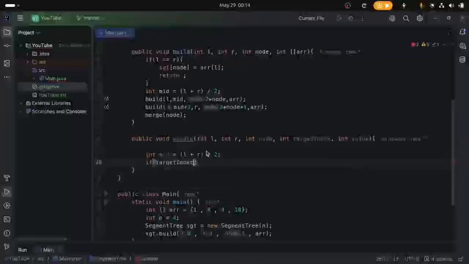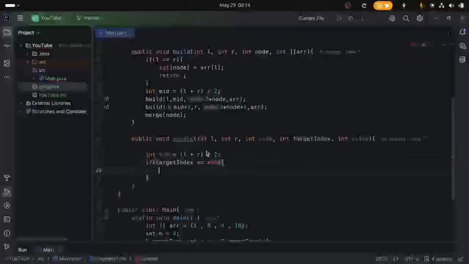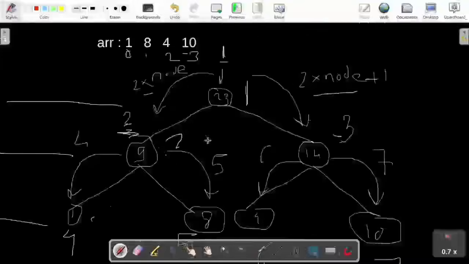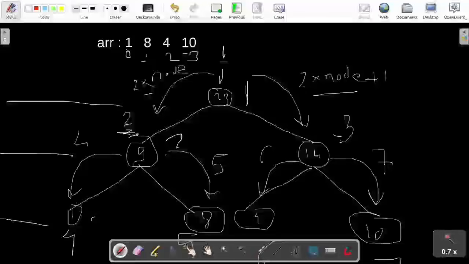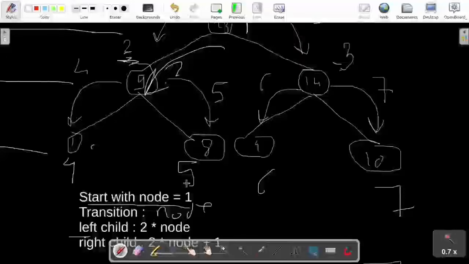If my target index is less than equals to mid, we will simply put a recursive call for the left child. Okay, let's say our target index is 1, you calculate the mid for 0 to 3, it comes out to be 2. Okay, and your 1 is less than equals to mid, so it means you have to go in this direction, because as you know 1 is here.